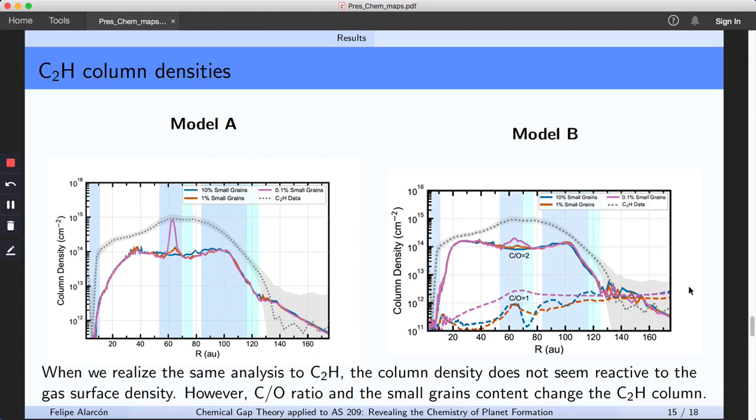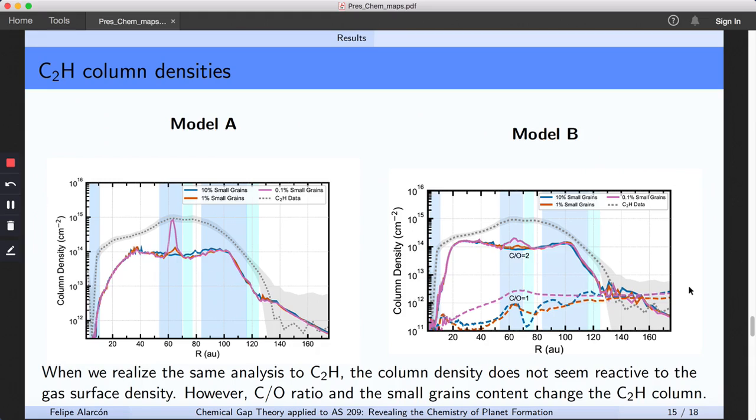However, it will be very sensitive to the C/O ratio. Bosman and collaborators in the MAPS group show that to explain the high column densities of C2H, we need a very high C/O ratio. And when we use the gas gap, we can observe the same. So it's not because we have a gas depletion in the disk.